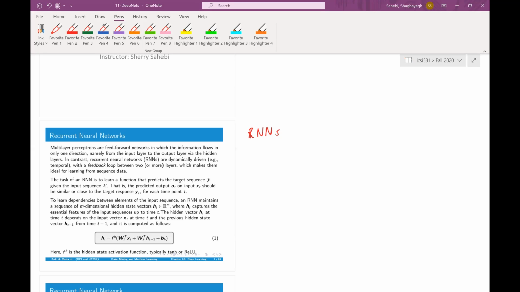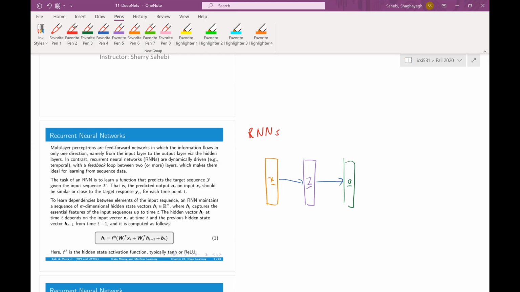So our RNNs do have the input layer, the hidden layer and the output layer, similar to multi-layer perceptrons, with feed forward between these layers.